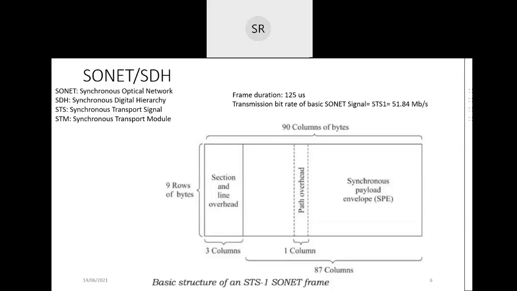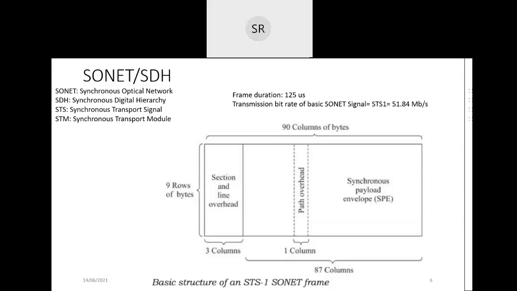Now the basic structure of SONET has 90 columns of bytes, and these 90 columns consist of 87 columns and 3 columns.